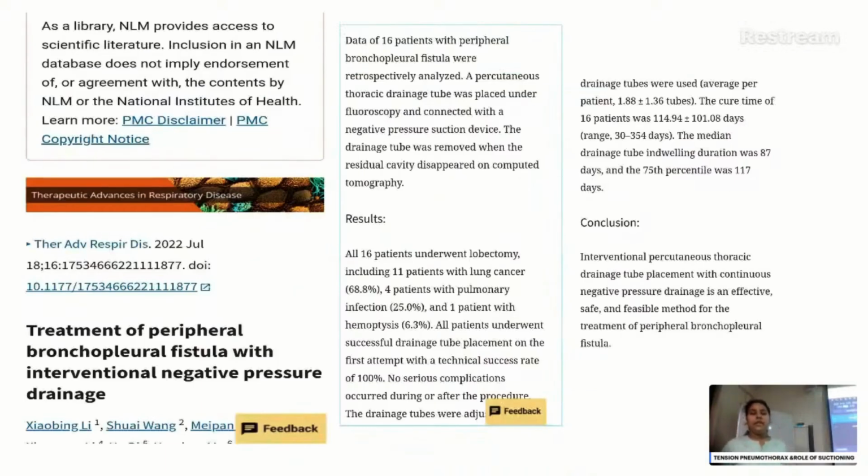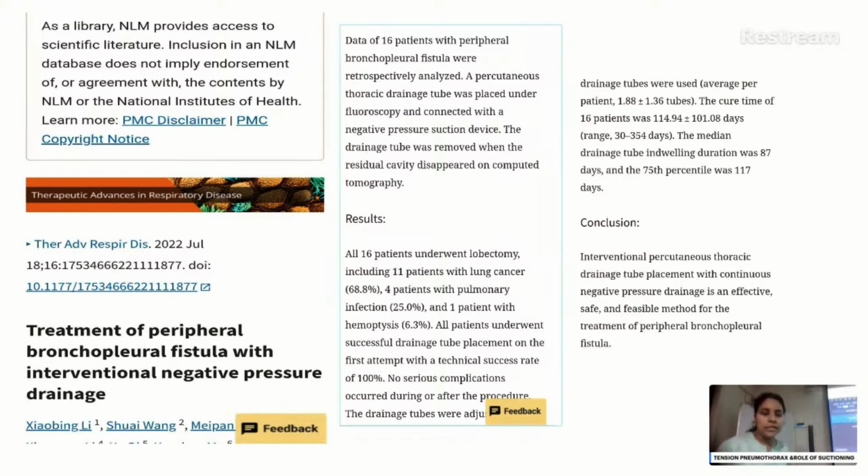Now, in the majority of cases of bronchopleural fistula, it has been seen that we generally put two ICDs. But this was a study wherein, the name of the study was the treatment of peripheral bronchopleural fistula with interventional negative pressure drainage. They looked at the role of suction in cases of bronchopleural fistula.